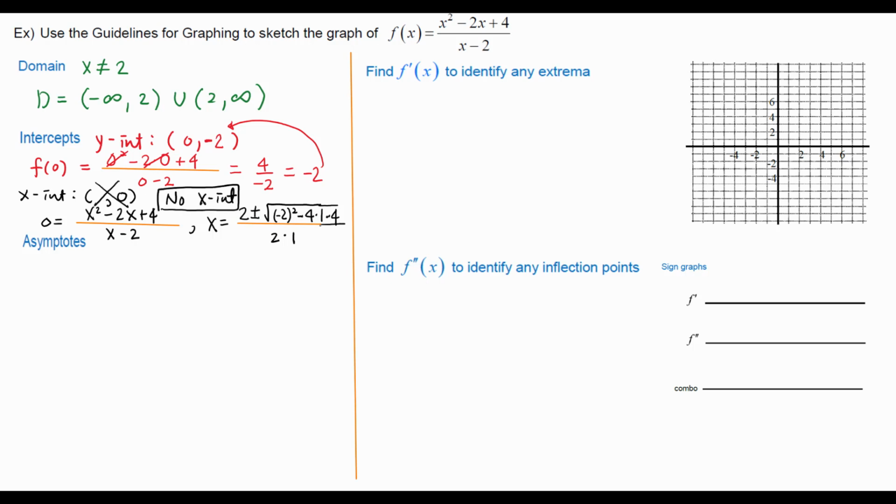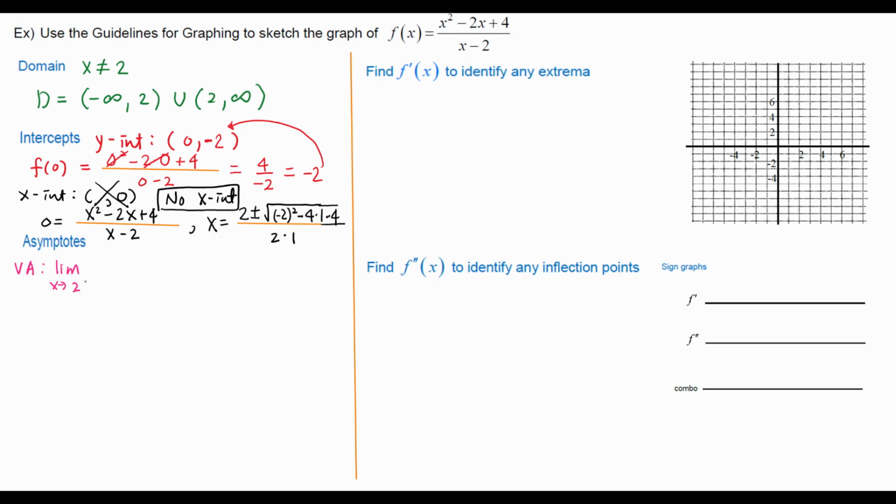Third step, let's find all asymptotes. Do I have a vertical asymptote? I think so, because there is an x that makes this rational expression undefined and your numerator does not factor. So let's do the limit as x approaches 2, which is the x that makes the denominator undefined.